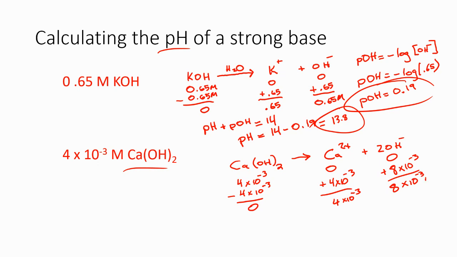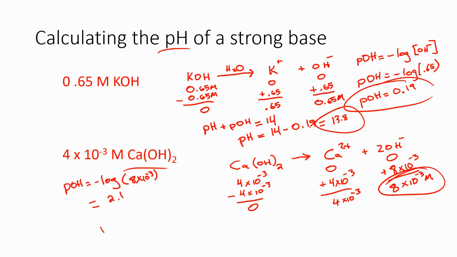So now when I go to calculate my pOH, pOH is equal to the negative log of my OH minus concentration, 8 times 10 to the minus 3. And that's equal to, on my calculator, negative log 8 times 10 to the minus 3 is 2.1.